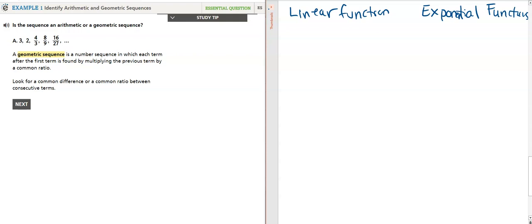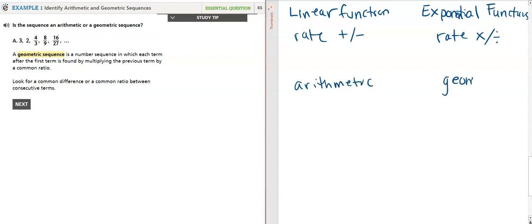The linear function had a constant rate that was adding or subtracting, and an exponential function has a constant rate that you're multiplying or dividing. That is a similar kind of relationship between arithmetic sequences and geometric sequences.